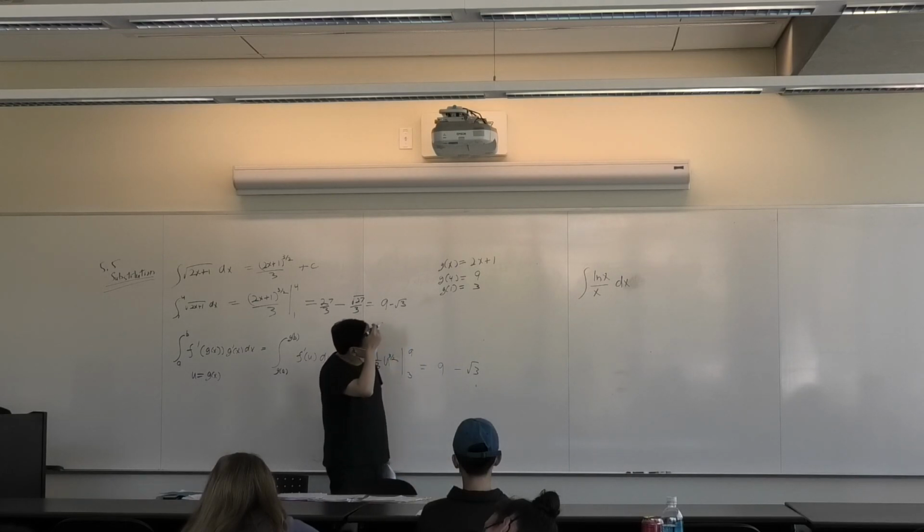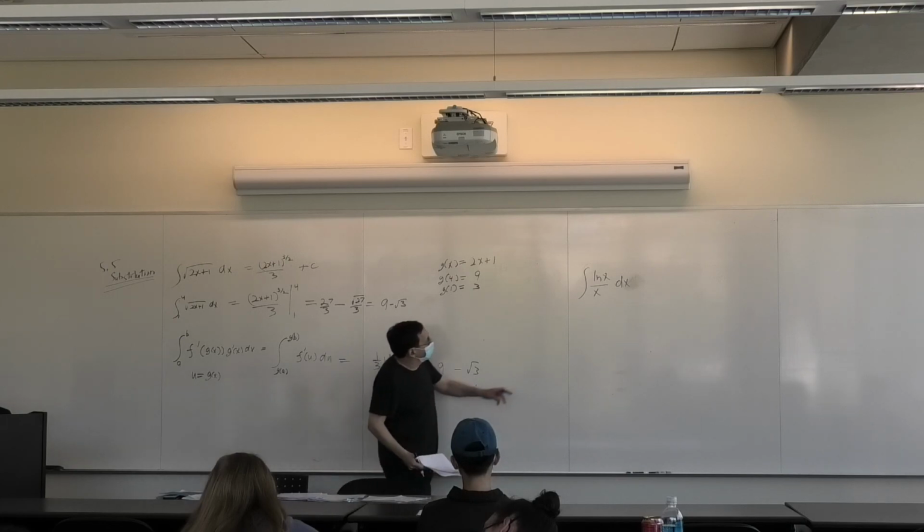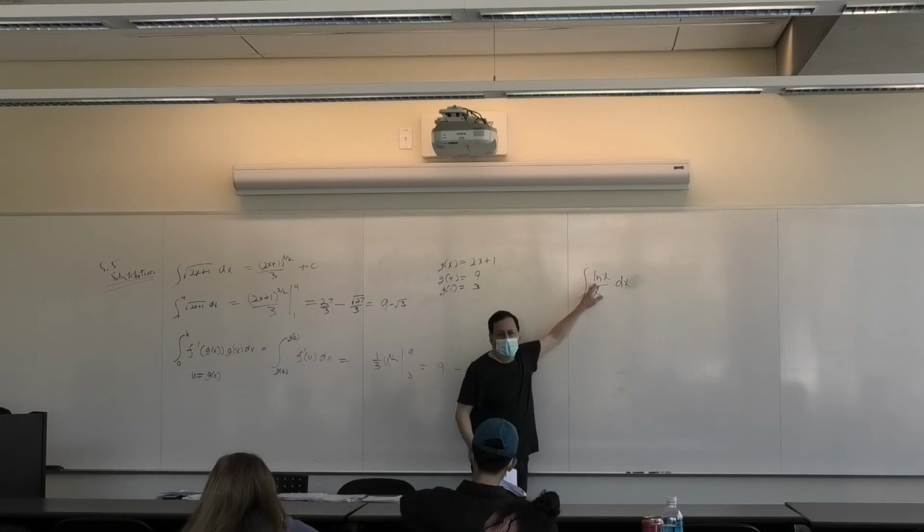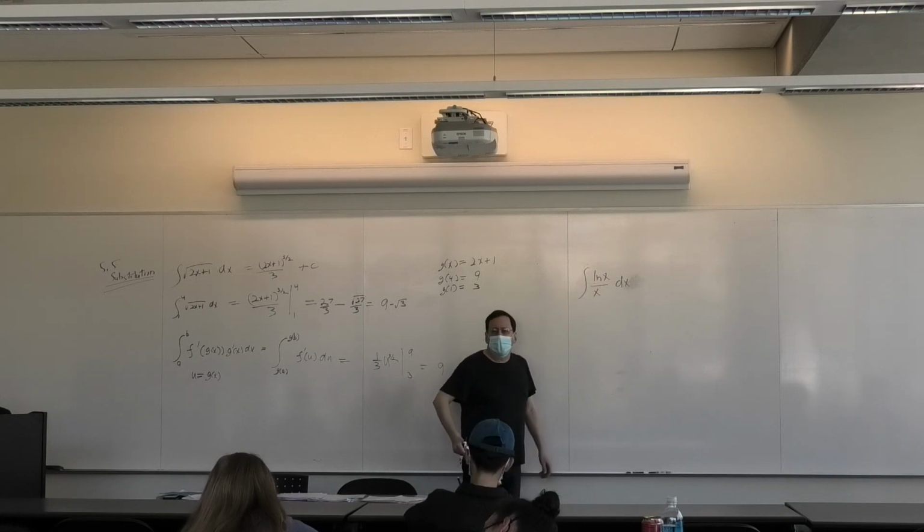All right, so we have to think of what we could do. What could we do to simplify this? And what's the part of this we really are thrown by? We don't really have any idea what the integral of the log of x is, do we? You know what its derivative is.